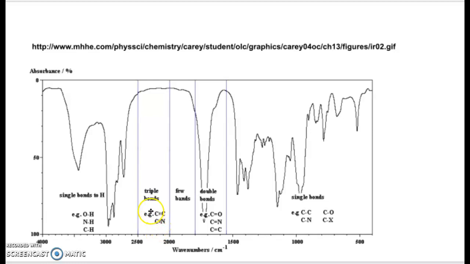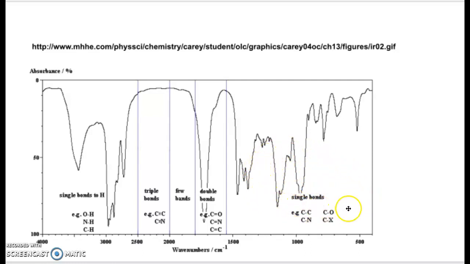And then here are some triple bonds between carbon-carbon or carbon-nitrogen. Here in this range, 1500 to 1800, you have CO, CN, and CC double bonds. Those are all double bonds. And then single bonds are up here. From my experience, single bonds are not very useful.